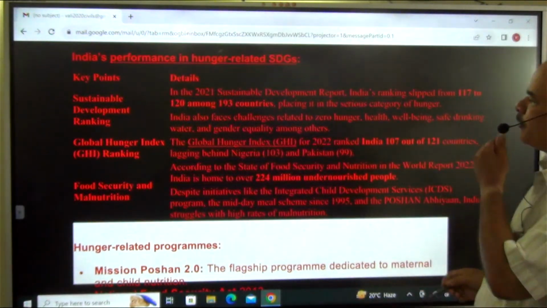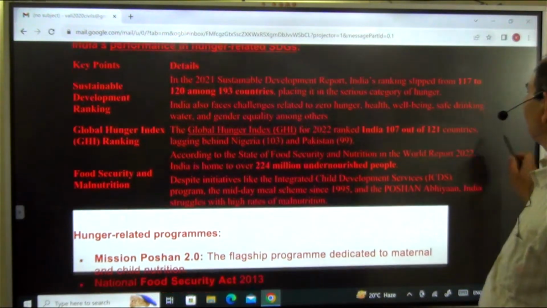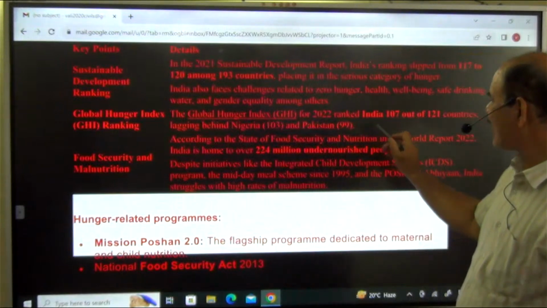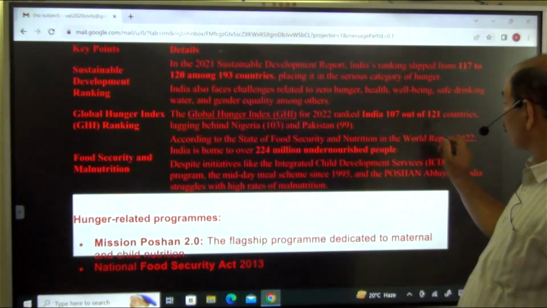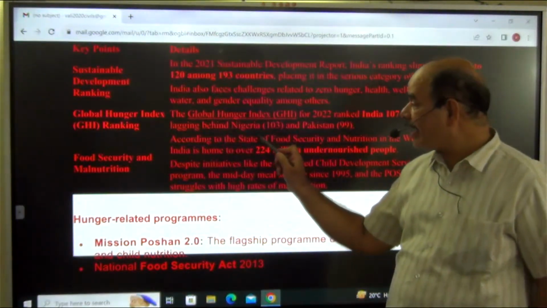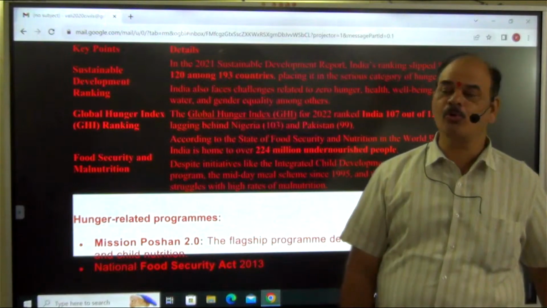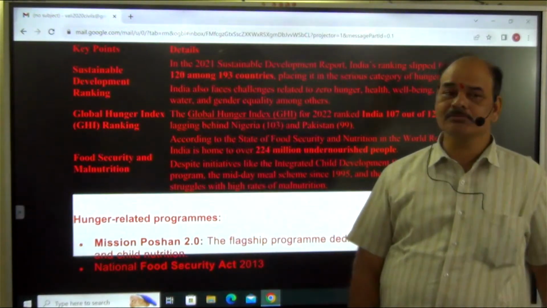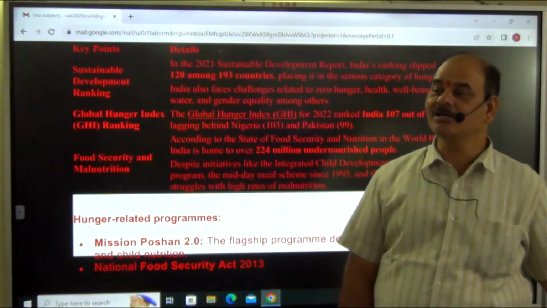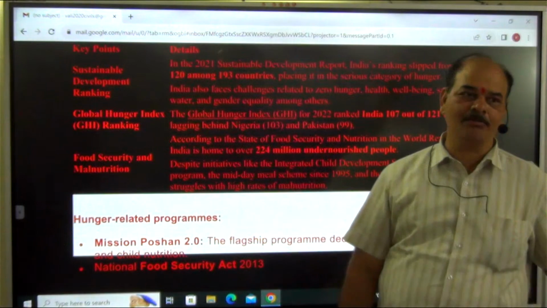Now, India also faces challenges related to zero hunger, health, well-being, and safe drinking water. The Global Hunger Index for 2022 ranked India 107 out of 121 countries. Too bad. Lagging behind Nigeria at 103 and Pakistan at 99. The Government of India has countered this report and said that your report is not transparent, we do not have that much hunger.